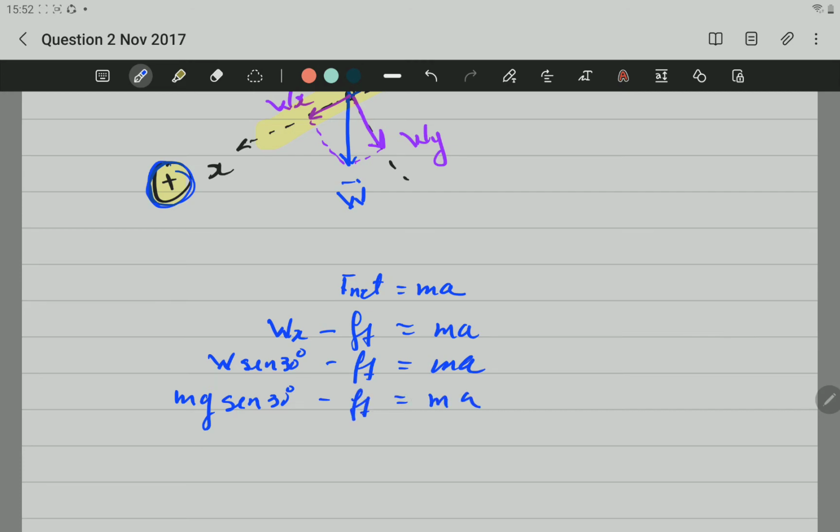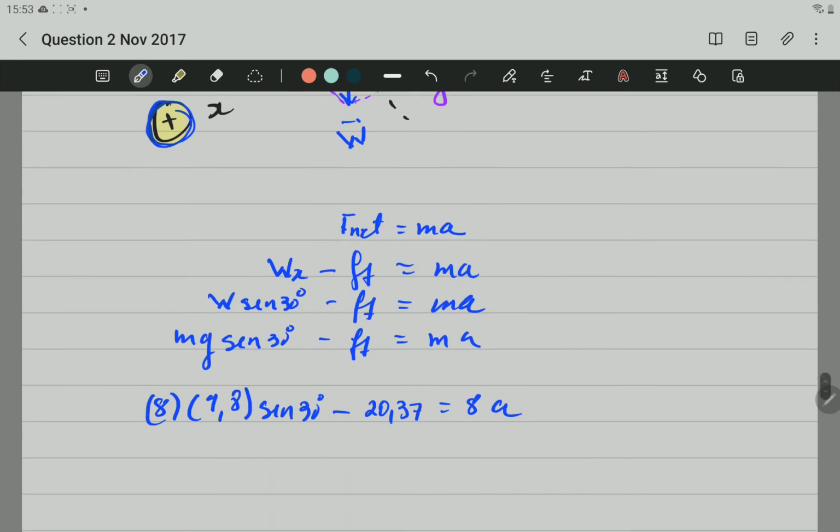If you do all the substitution, you now get 8 multiplied by 9,8 sine 30 degrees minus the frictional force, which is going to be 20,37, equal to the mass, which is 8, times a.